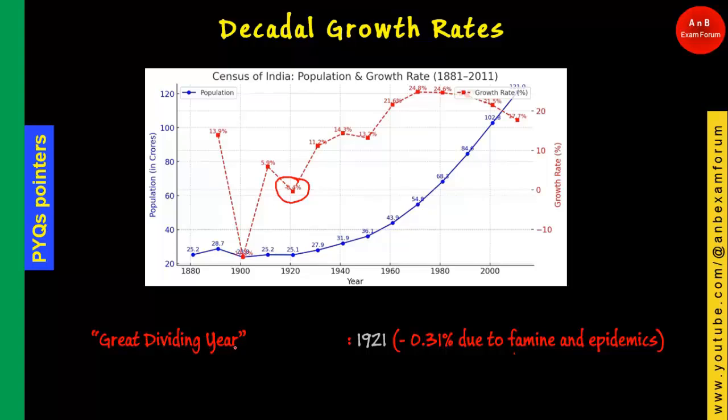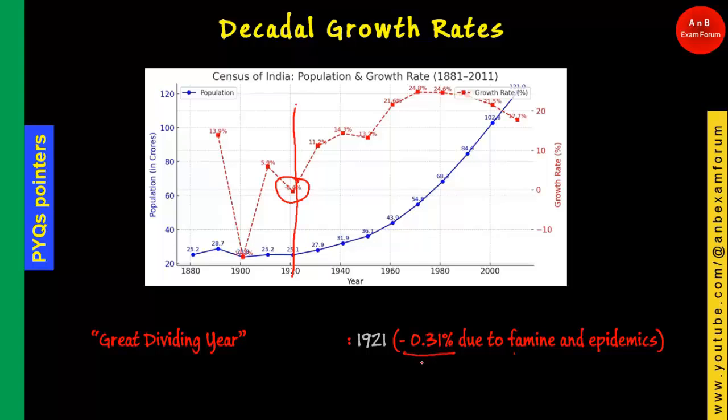Why is this called the great dividing year? Because after this point the population is continuously increasing. It divides two portions: before it the growth rate was negative, afterward it was always positive. So that year is 1921.